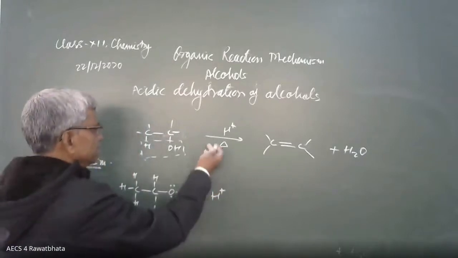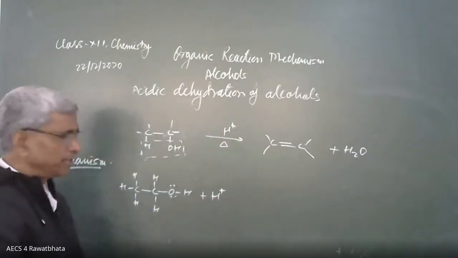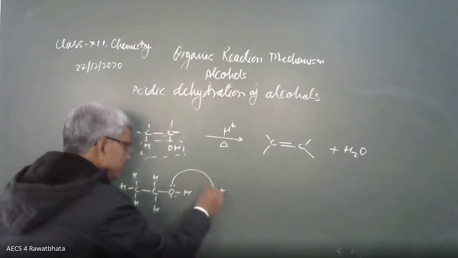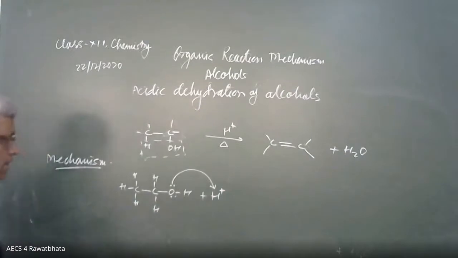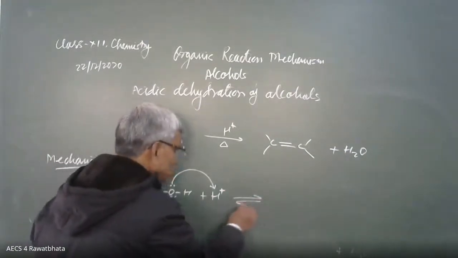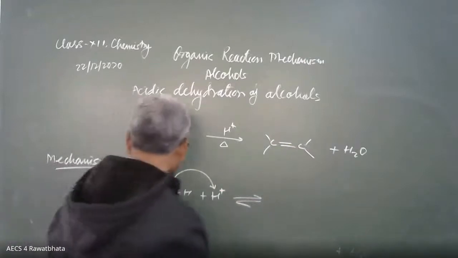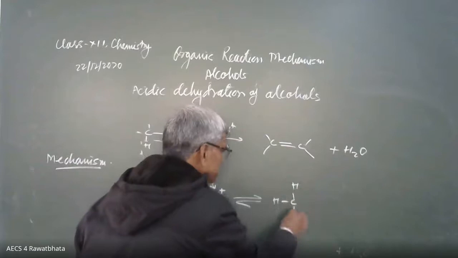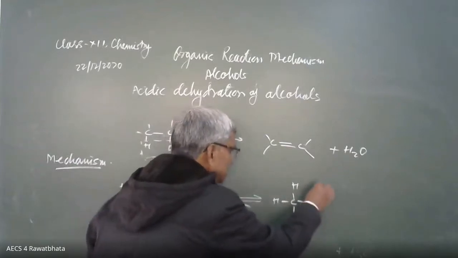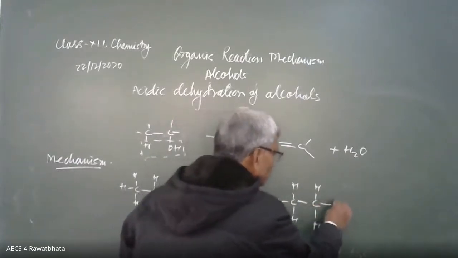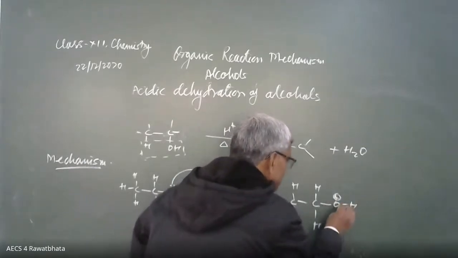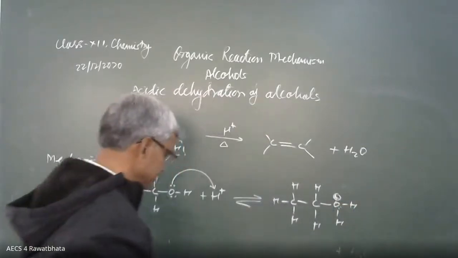H positive is provided by the acid, sulfuric acid in this case. This lone pair is attracting this H positive and it is going to join to form protonated alcohol. Here is H, C, H, H, here is C, H, H, and here is O, H, and here is the positive charge with a pair of electrons over oxygen.